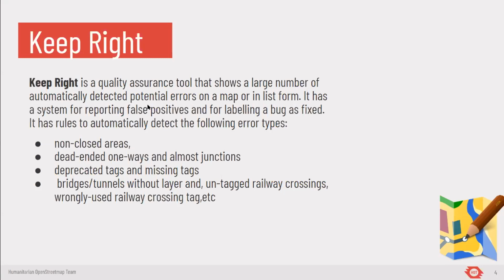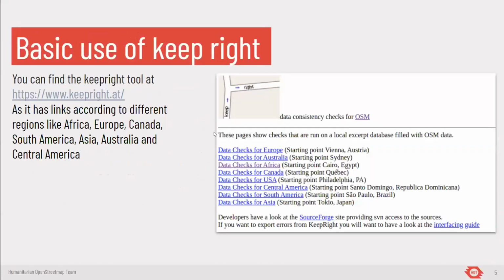If it's not there, it detects it, as well as railway lines that are wrongly tagged. As you all know, when you're tagging a railway crossing, it's railway equals level underscore crossing. If that's not well tagged, it will detect it. So basically, this is how we use Keep Right.